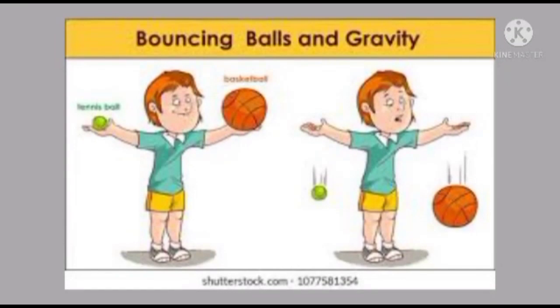So, if any object is thrown upwards, there exists a force which pulls it down towards the earth. Because of this, it falls down to the ground. We call this force a gravitational force.